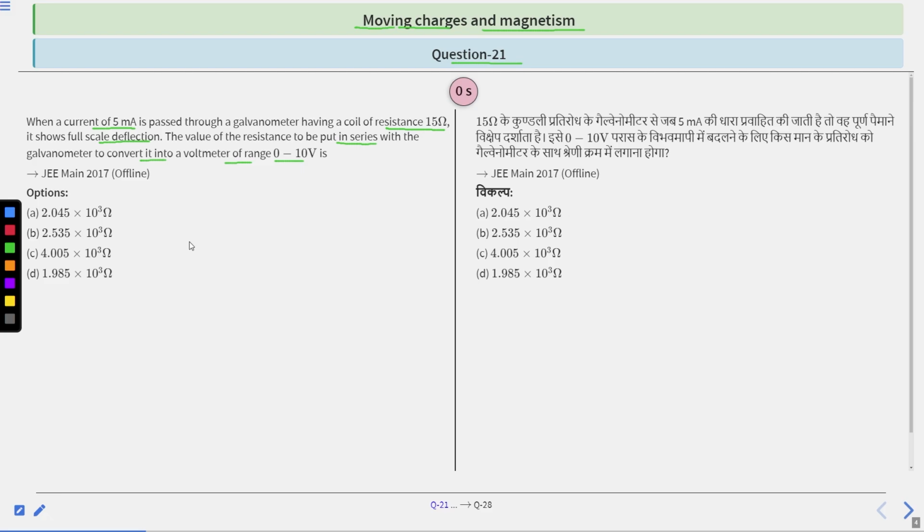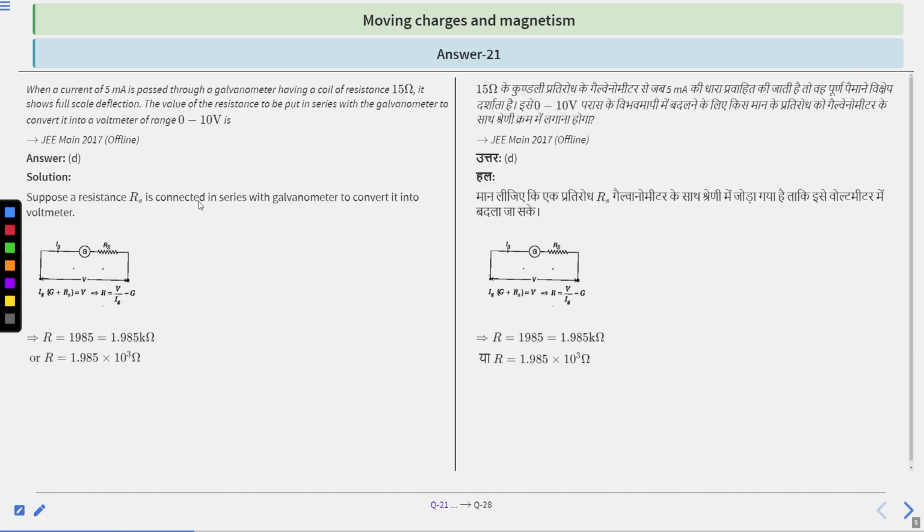Let's find the solution. According to the question, a current of 5 milliampere is passed through a galvanometer having a coil of resistance 15 ohm. It shows full scale deflection, and we need the resistance to be put in series with the galvanometer to convert it into a voltmeter of this range.